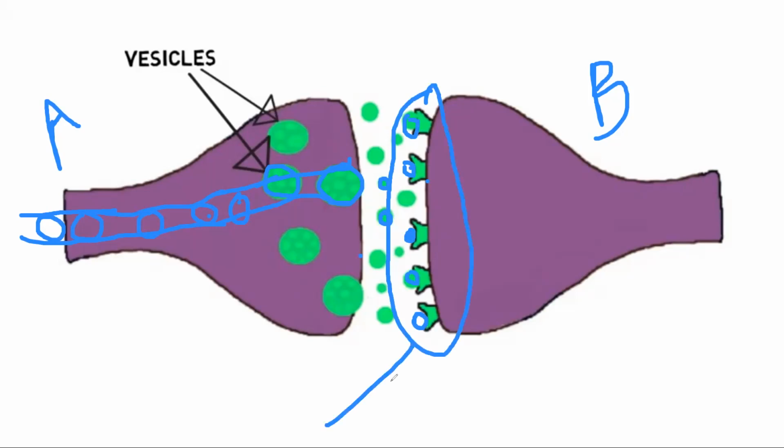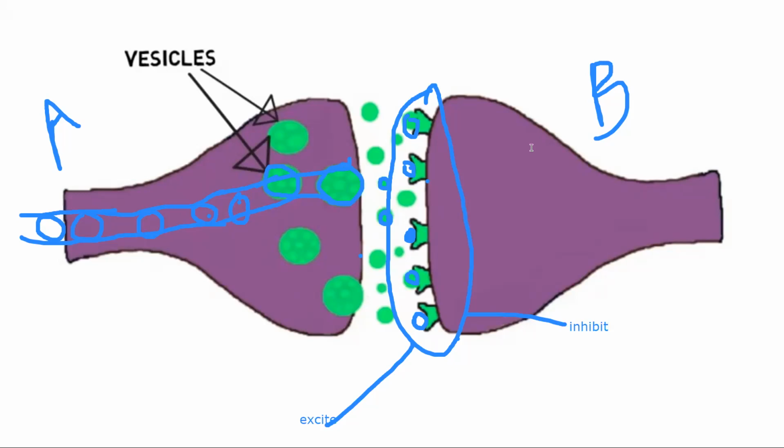It will cause one of these reactions: it would either excite or inhibit neuron B. So basically that's what synaptic transmission is all about.